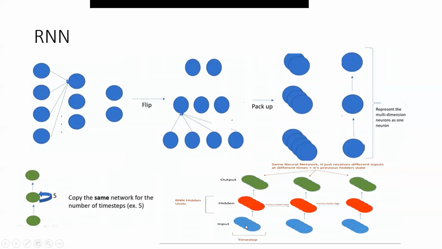It is a multi-dimensional neuron, and when it passes to the hidden neuron, the output would be generated, and the memory of this would be passed to the second timestamp, and then again the input would be passed from here, and then taking a memory from the previous timestamp, it generates an output. So that's why it is called a recurrent neural network, right?